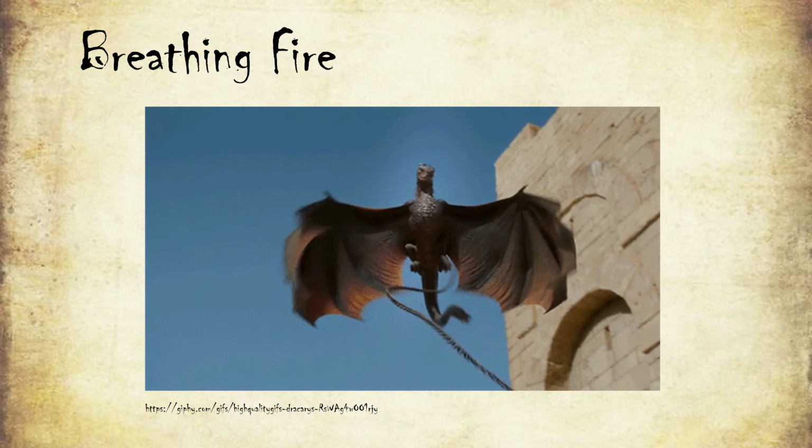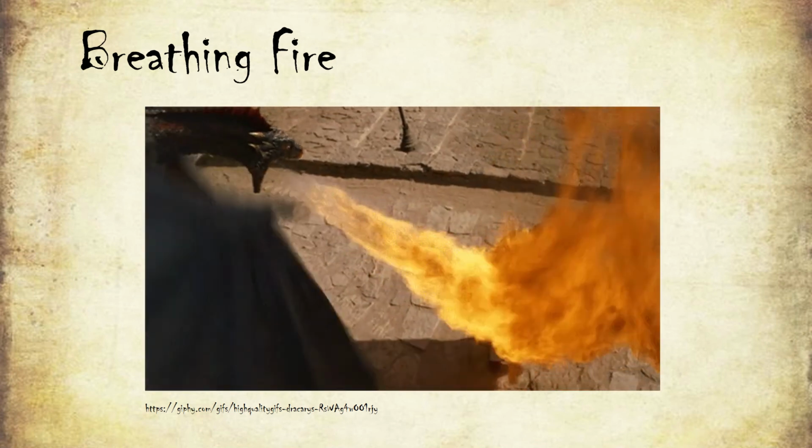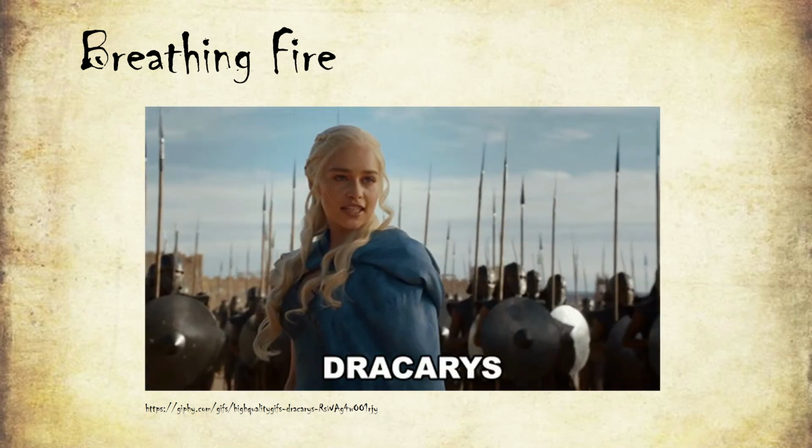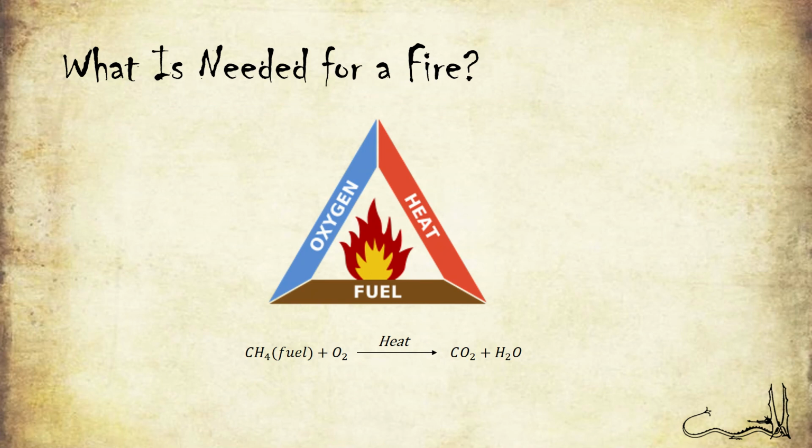So now, what everyone's been waiting for, I'm sure, how would a dragon breathe fire? So what is needed for a fire? Well, first you need oxygen, and then you need fuel and heat. So we already have oxygen. Oxygen is everywhere. As for fuel, do you remember the methane we discussed earlier? That's our fuel.